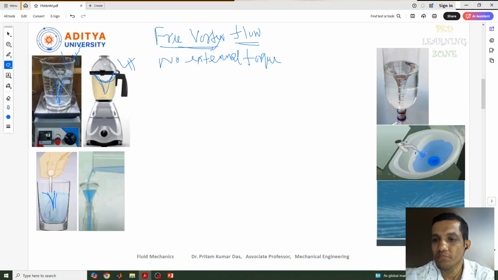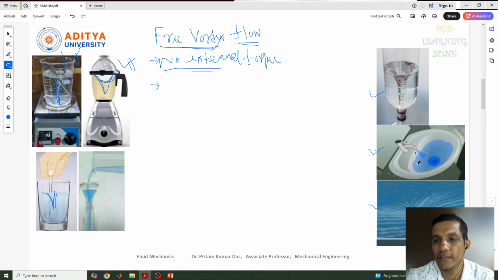You can see this is one example, this is one example, and this is one example. So what do we mean by some kind of force already existing? Because here there is no external torque required. So how will the vortex formation happen? It is due to the gravity which is present in the liquid.